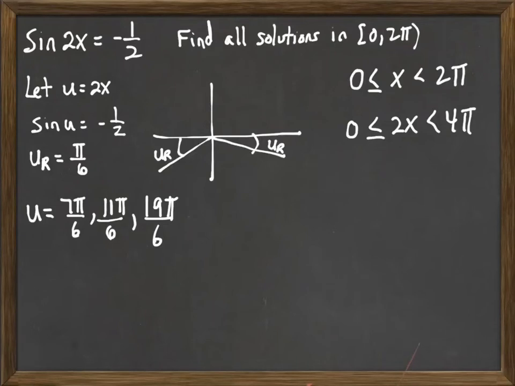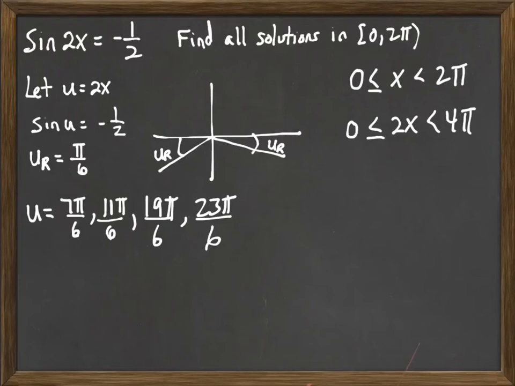And likewise, take the 11 pi over 6 plus 12 pi over 6, and we'll get 23 pi over 6. And then anything bigger or smaller than that will be outside the interval, because 23 pi over 6 is just short of 4 pi. So the next one would be way too big.